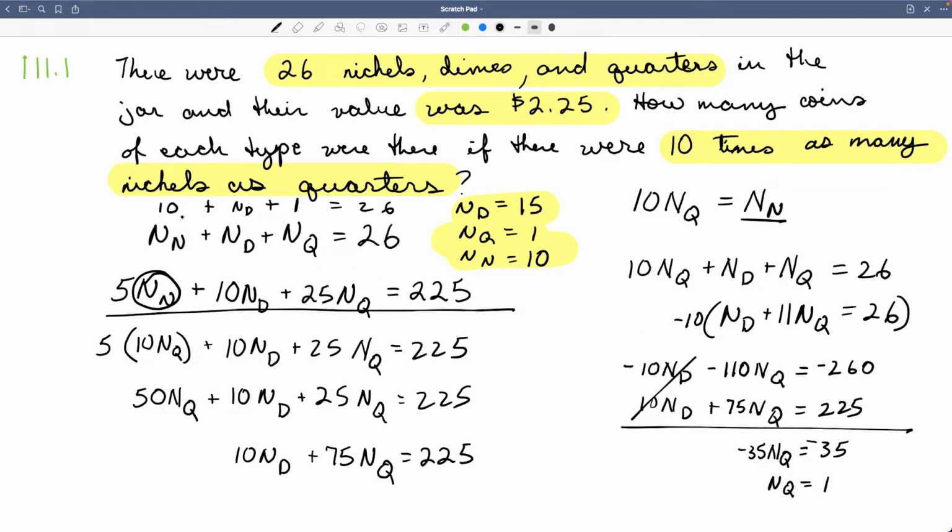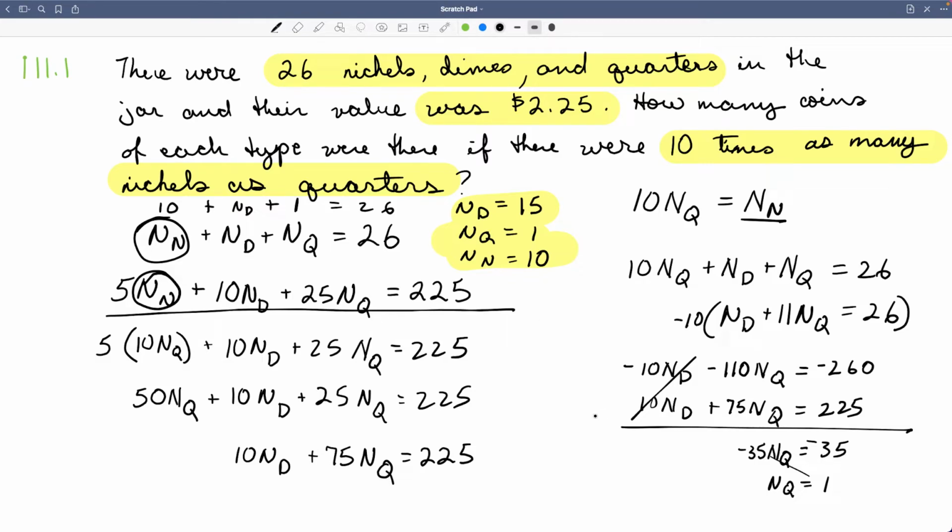So the two values of NN, I was able to drop in 10 and Q. And then that got me to a point where I could do some elimination and then solve for NQ, which then allowed me to go back in and apply it here and here in my original formula to give me the total number of each one of the dimes, quarters, and nickels.